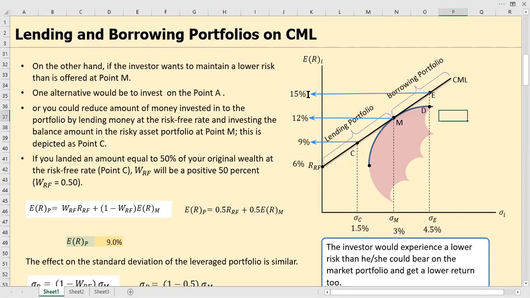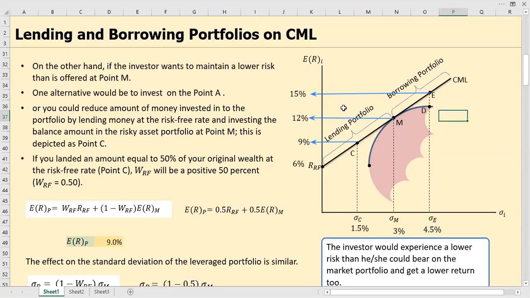If he goes for a borrowing portfolio, he can always reach the point E. Then he can go for 15% of return so that he can increase the return. If there is an investor that doesn't want to go for 12%, he needs less than 12%, so he can go for 9% by going into a lending portfolio.